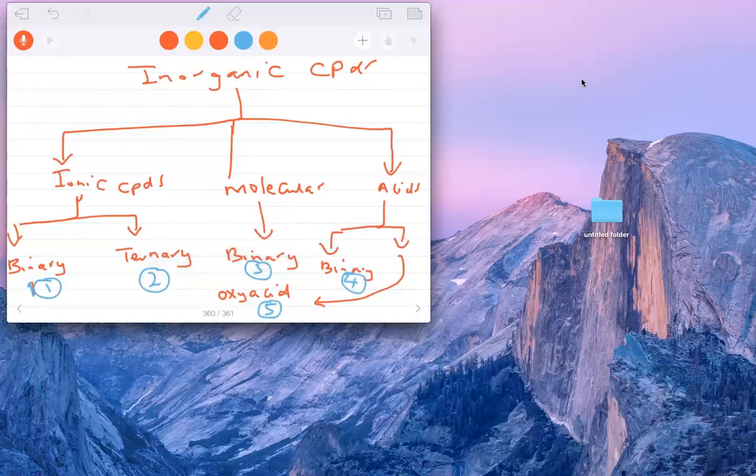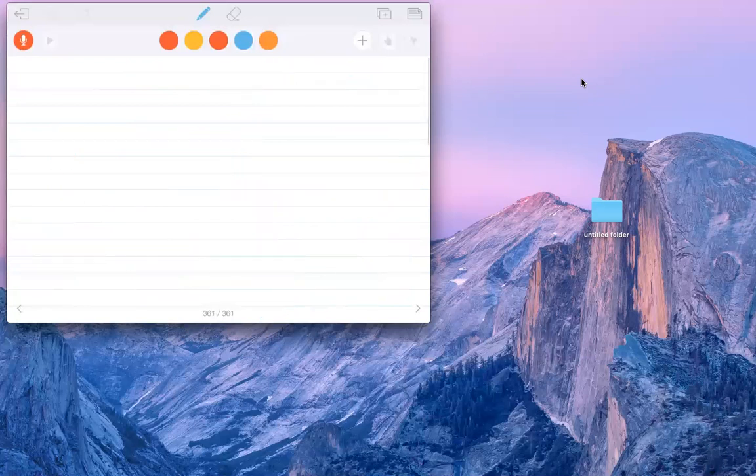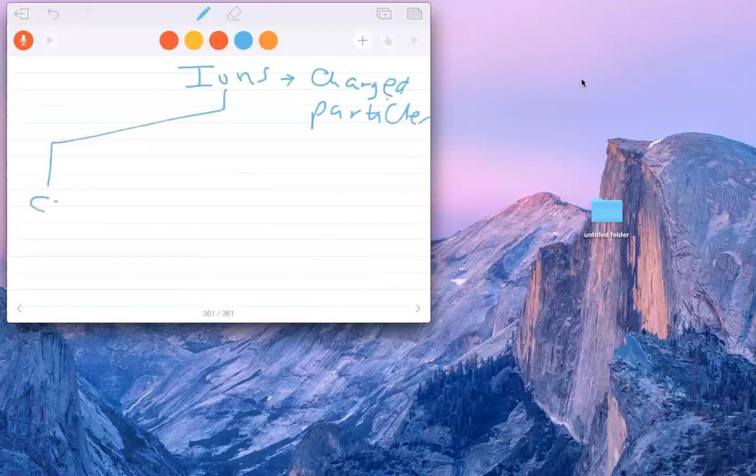Before we look at the first one, we have what we call ions. Ions are basically charged particles. And charged particles can either be cations, anions, or polyatomic ions.